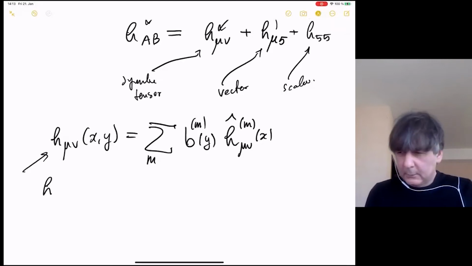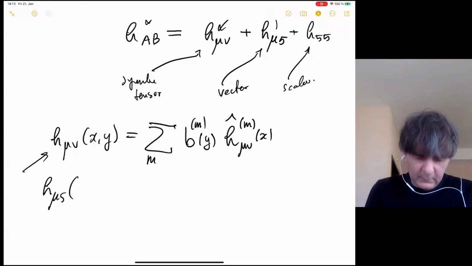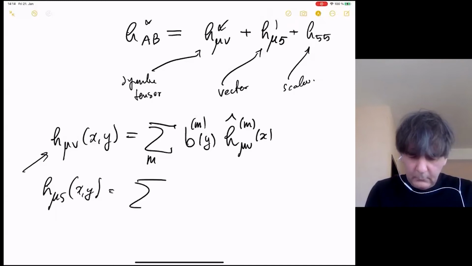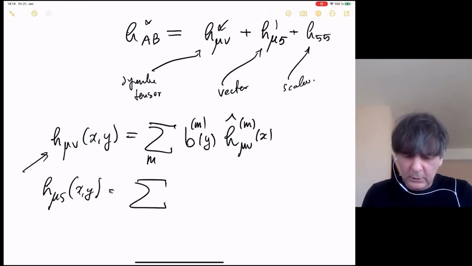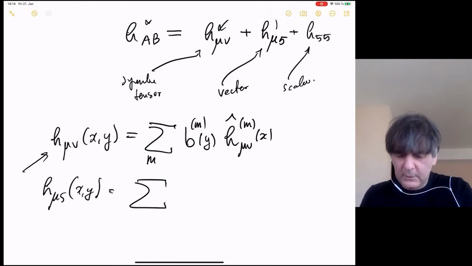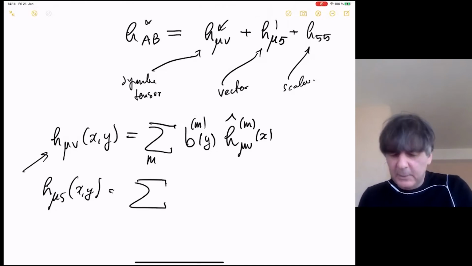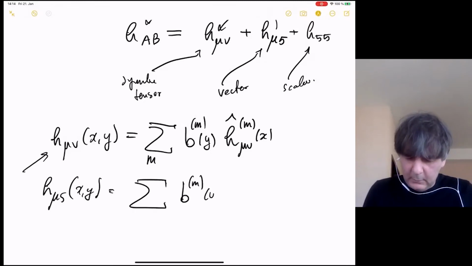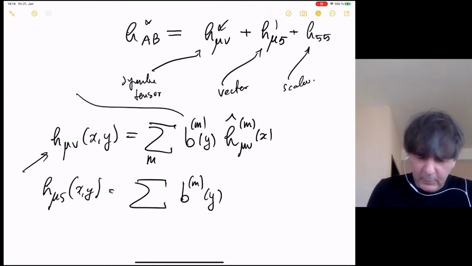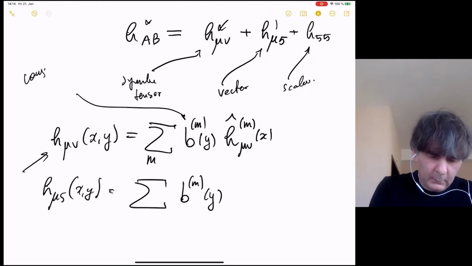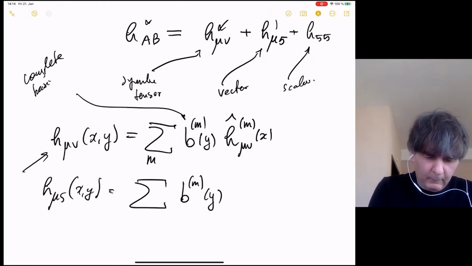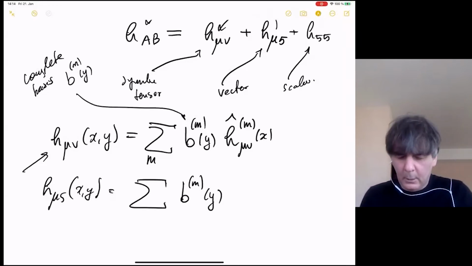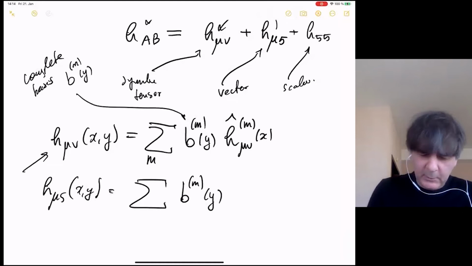Then we are similarly expanding the vector. But in order to have proper dimensional reduction, their expansions cannot be completely independent. So let me choose it in the following way: the functions B form a complete basis. These B functions of y, and let me denote the derivative with respect to y by prime.